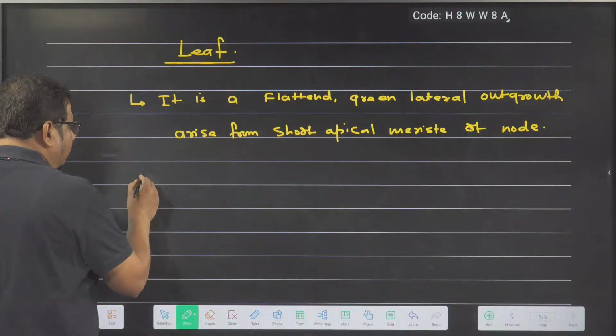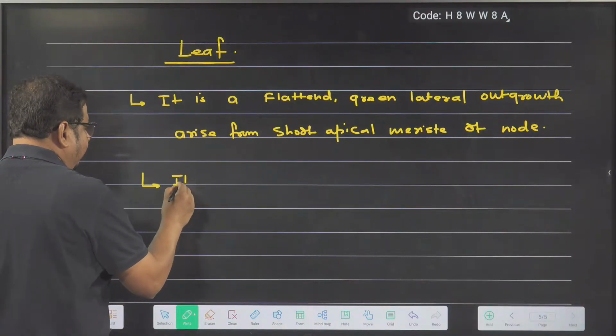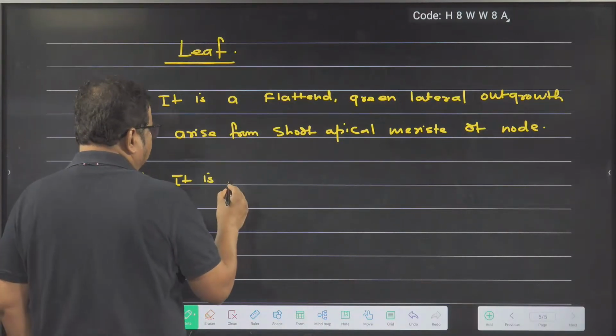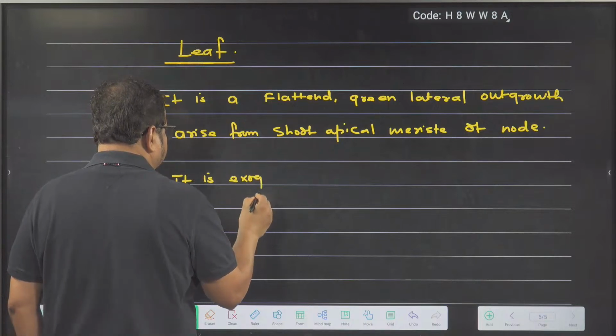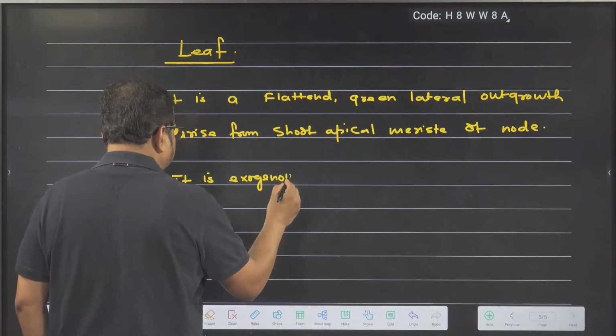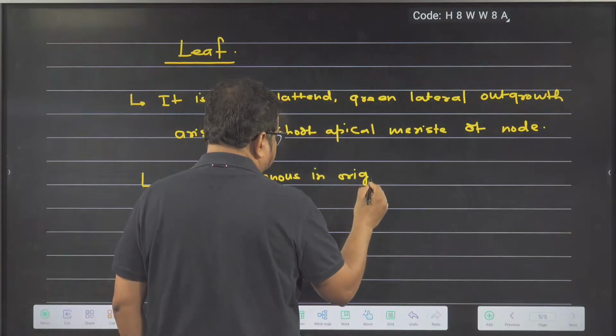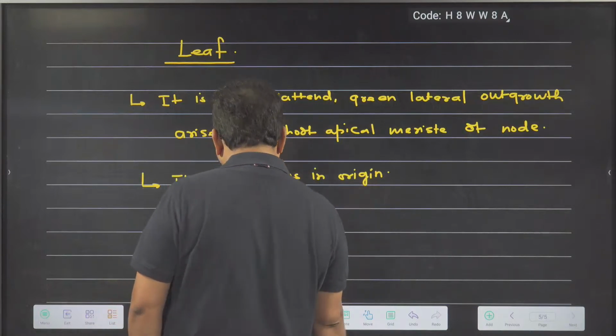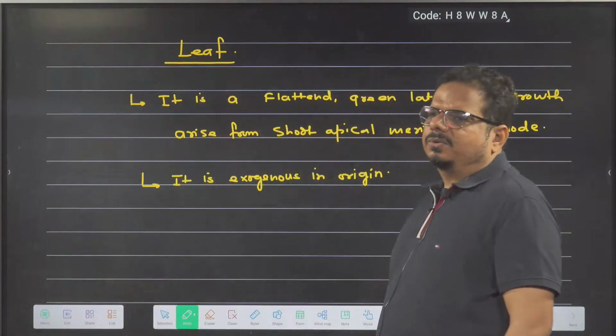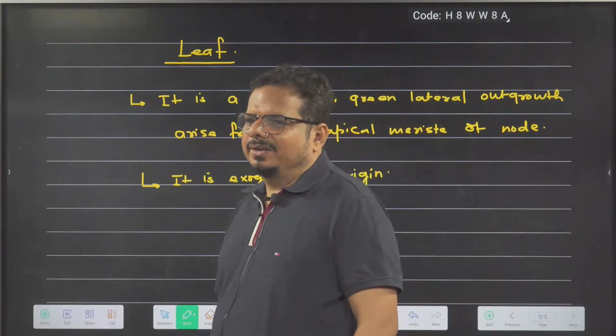If we talk about leaf, we can write it is exogenous in origin. In previous classes, I told you about exogenous and endogenous in origin.